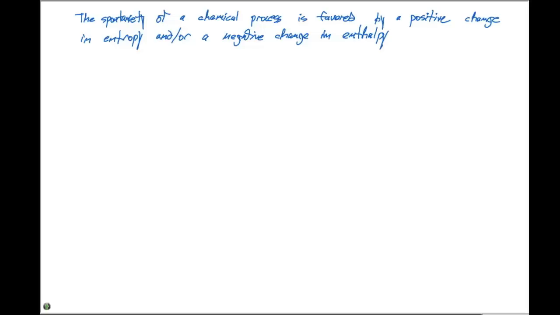So we can say that delta G naught is equal to delta H naught minus T delta S naught.